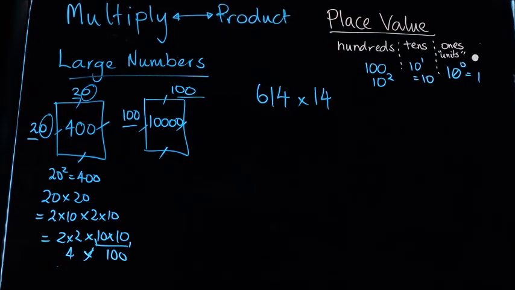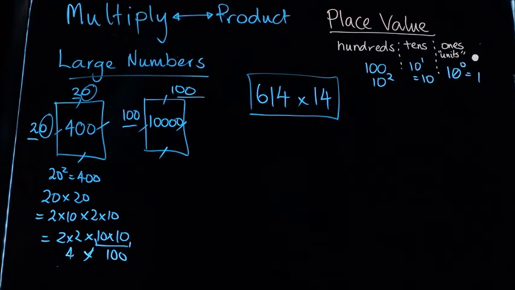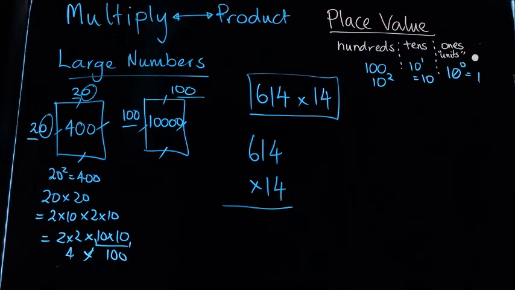Now I've just got a final product here, the product of 614 and 14. I've just set it up like this. We're going to do it two ways. One way with the algorithm, so let's set that up now and get our answer. We're going to multiply that by 14, and we're going to go through here. 4 times 4 is 16, carry the 1, 1 times 4 is 4, add 1, and 6 times 4 is 24.